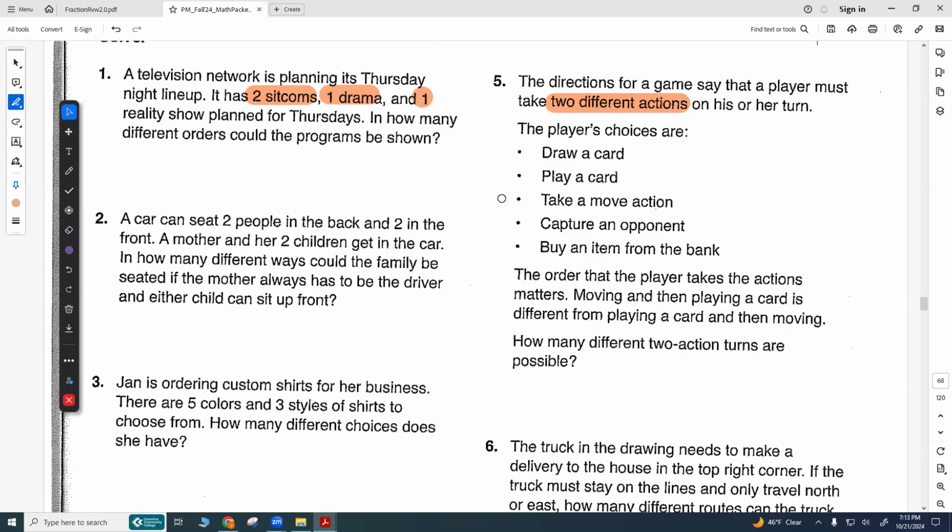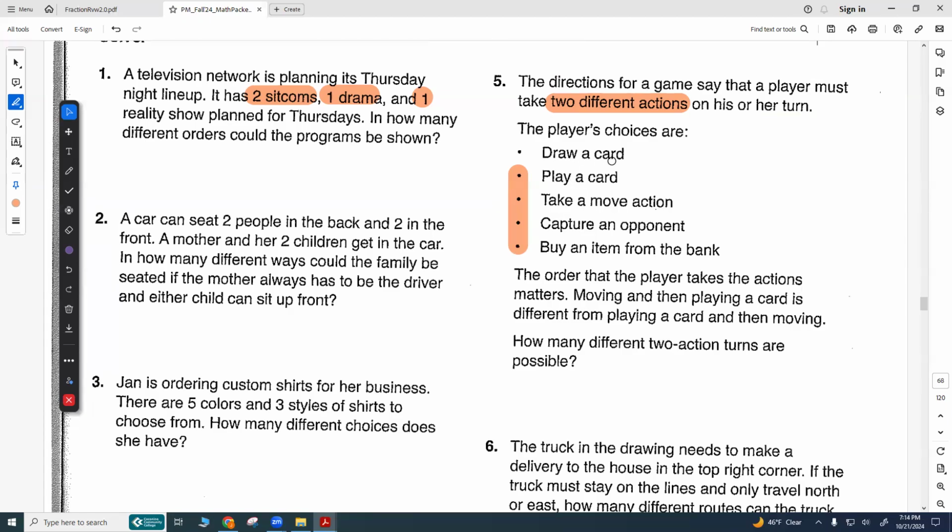Here we have to take 2 different actions. We have 5 choices of action. So how many combinations of actions can we do? If we draw a card, we have 4 other actions that we can do, and 4 other combinations of these.